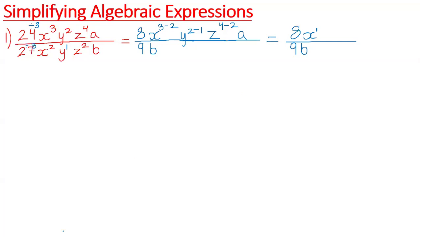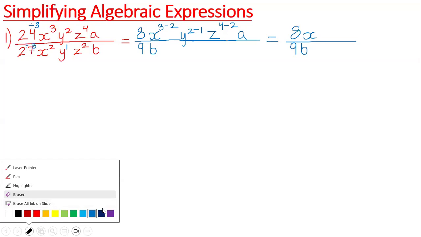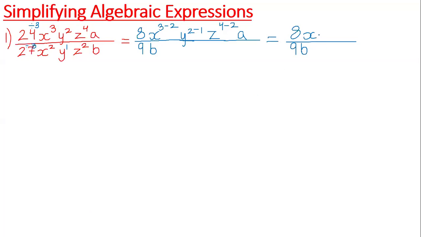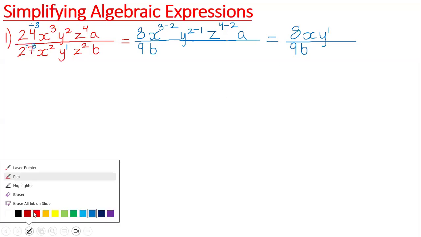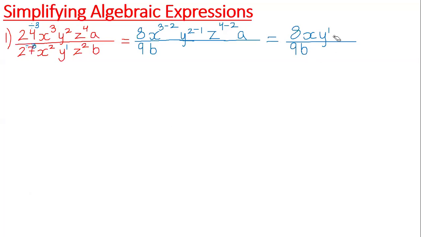1. But x to the power of 1 is just x, so you don't have to put that. And then y, 2 minus 1 is what? 1. So y to the power of 1, we don't write that. We're just going to keep it as y.